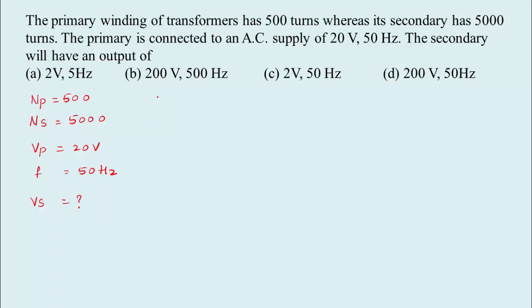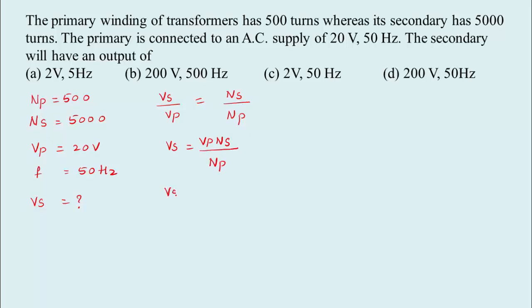We have the relation between number of turns and the voltage across primary and secondary coil. That we studied in our regular classes. The equation is voltage across secondary and voltage across primary is equal to the ratio of number of turns in secondary with respect to number of turns in primary. So we can write Vs equal to Vp Ns divided by Np.